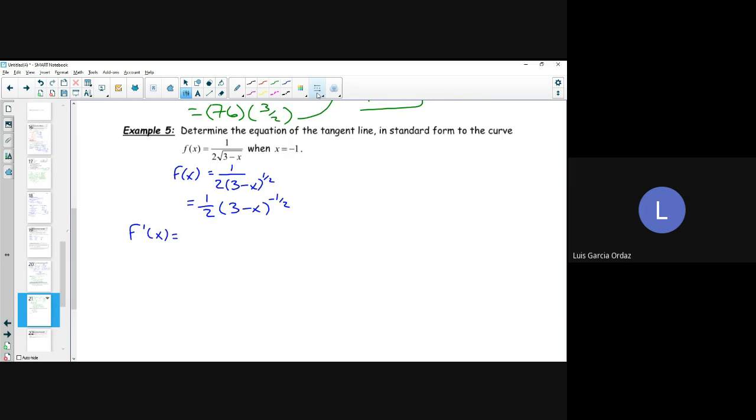So how would we find the derivative of 1/2 times 3 minus x to the negative 1/2? It has something to do with the power of a product rule for derivatives. So how would I be able to find the derivative of this guy?